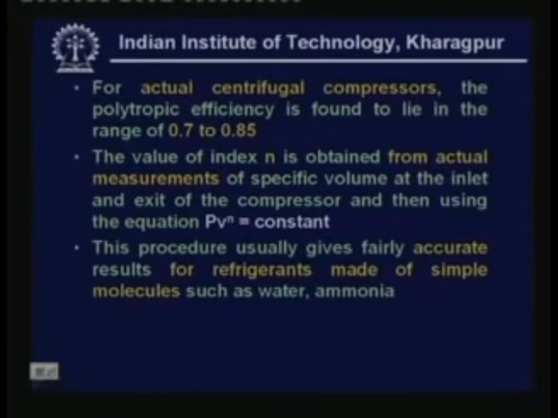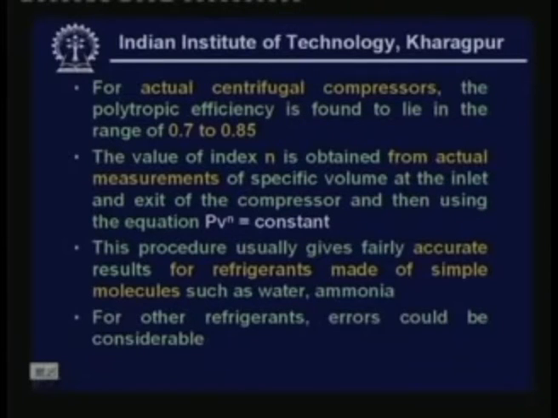This procedure usually gives fairly accurate results for refrigerants made of simple molecules such as water or ammonia. For other refrigerants, errors could be considerable. Okay, so this procedure and the expression for polytropic efficiency is not a 100% correct method, or it does not give you 100% correct value.